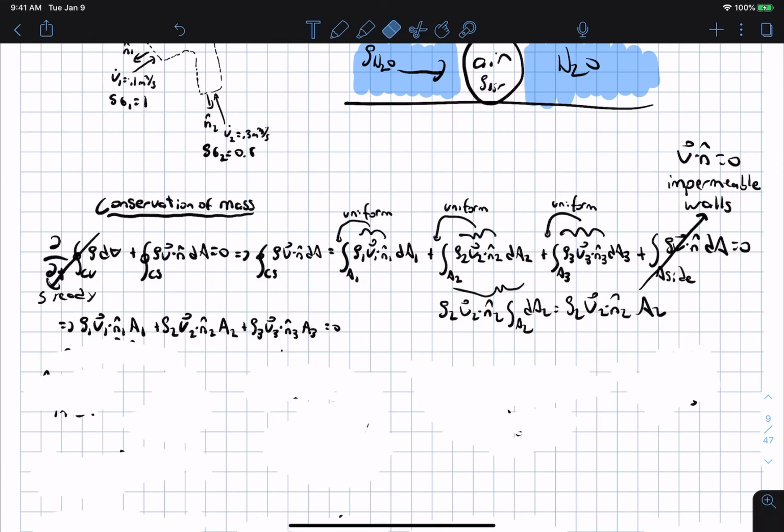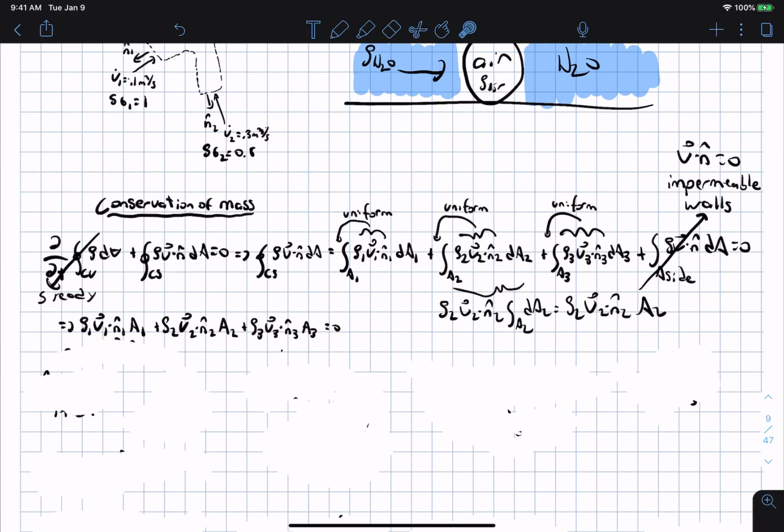If we do the same thing to all of these other terms, all of these nasty integrals just turn into a mass flux times an area. All three of them.